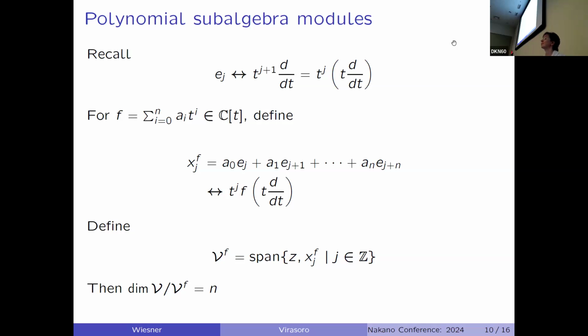Maybe you have said it already. So, is the highest weight category something like that? I didn't understand the question. I don't know.